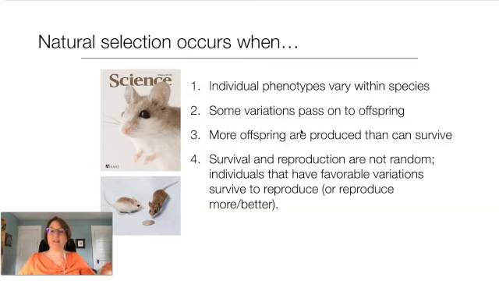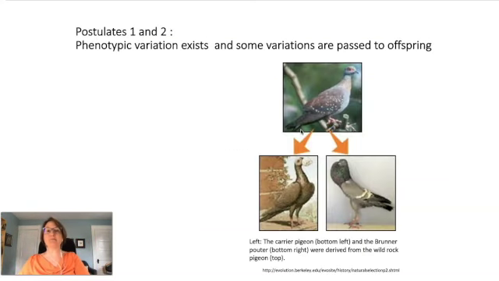If those 4 things are true, then evolution by natural selection must happen. These are very important criteria, and we call these postulates, because if they are true, then evolution by natural selection happens.